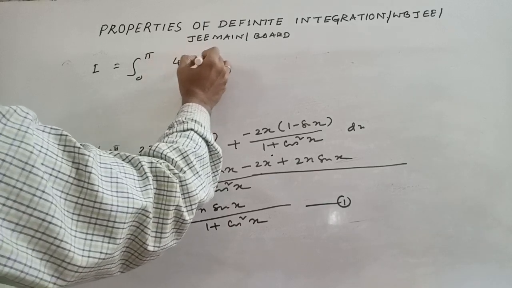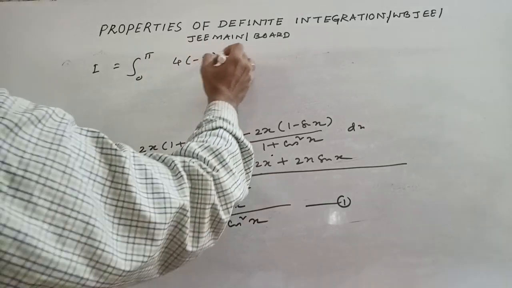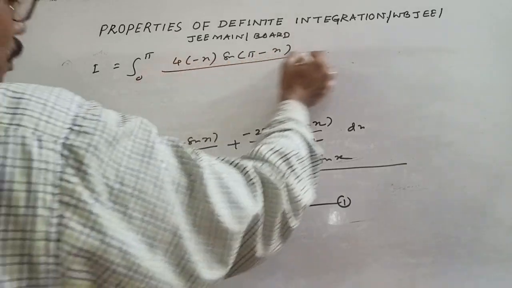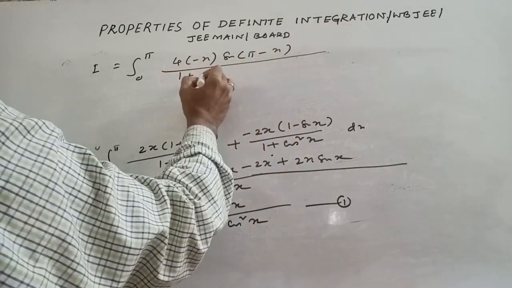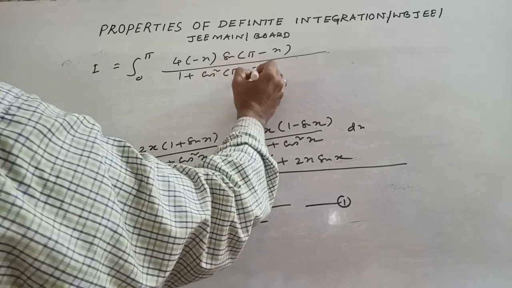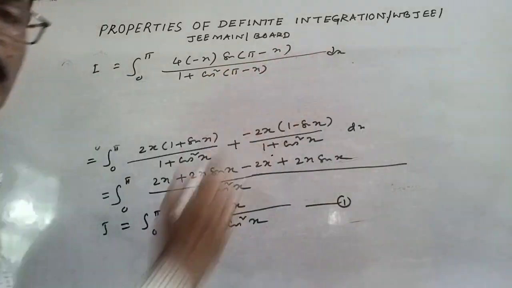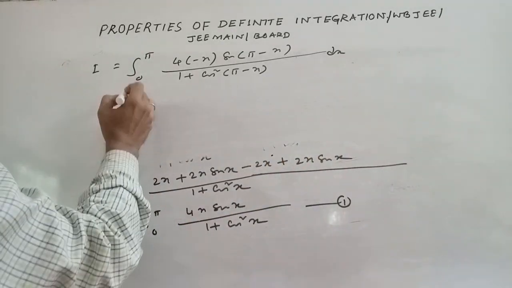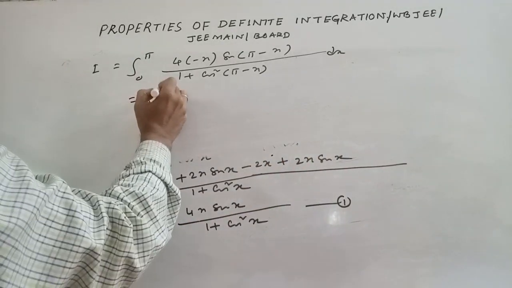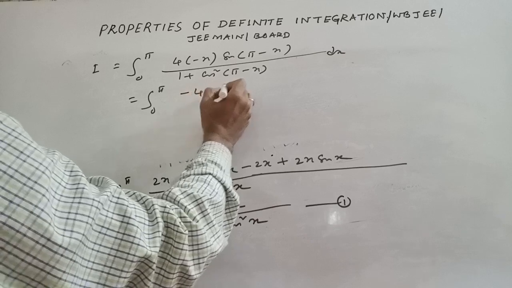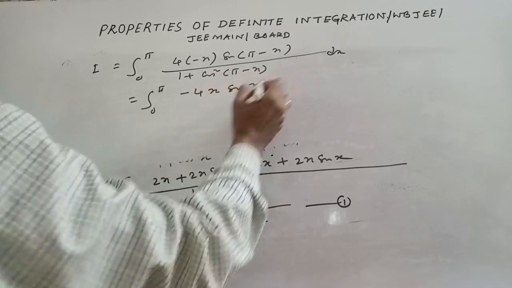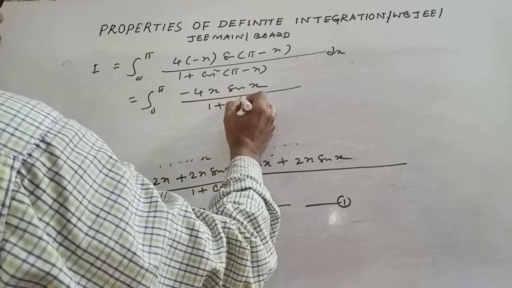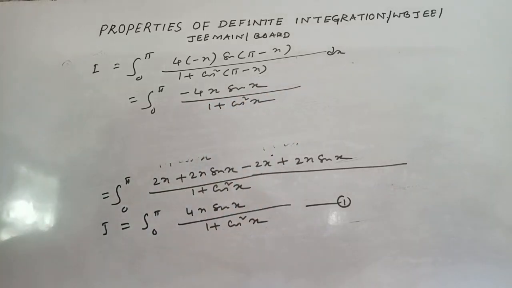So 4 into (pi minus x), sine of pi minus x, by 1 plus cos square of pi minus x dx. Now finally you are getting integral 0 to pi of 4(pi minus x) sin x by 1 plus cos square x.